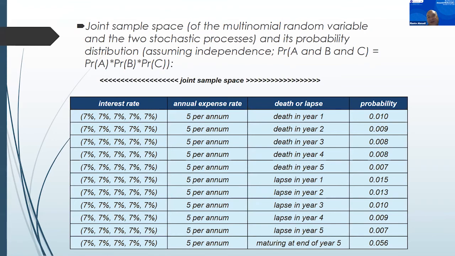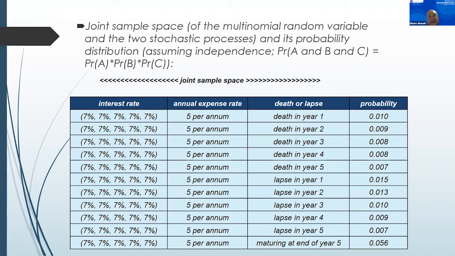So they're not affecting each other, that's the assumption here. I know this is very simplistic. There is a theory that interest rate has a little bit of correlation with lapse, but we're not assuming that here for the sake of simplicity.